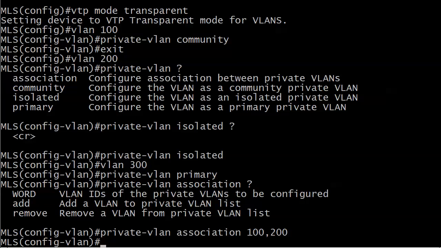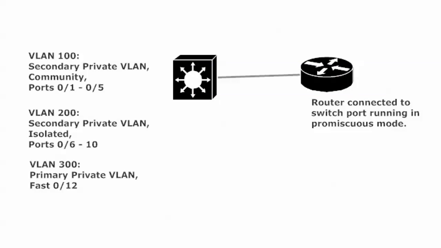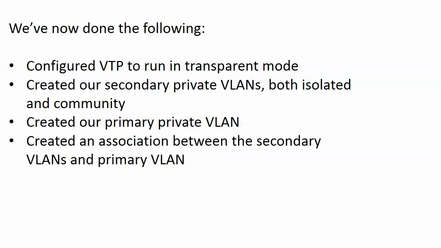We're a little over halfway, because we've now done the following. We've configured VTP to run in transparent mode. We created our secondary private VLANs, both isolated and community. We created our primary private VLAN, and we created an association between the secondary VLANs and the primary VLAN.